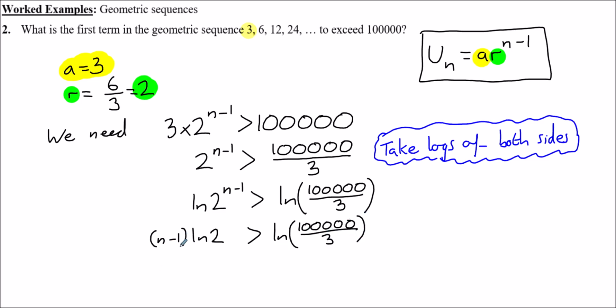So expand this out, we get n times ln2 minus 1 times ln2, which is obviously ln2. That has to be greater than the same thing yet again.